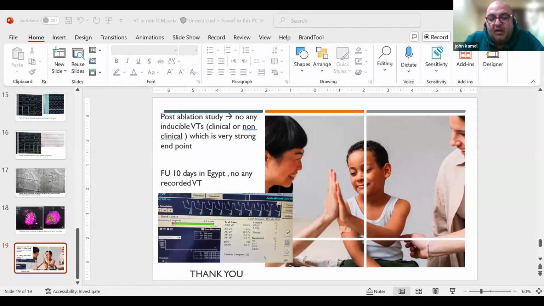Here, most of the complications, I guess, like liver hepatic injury or whatsoever, are, I think, in the very early epicardial access learning.